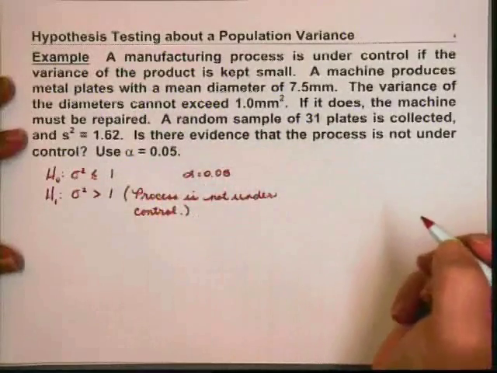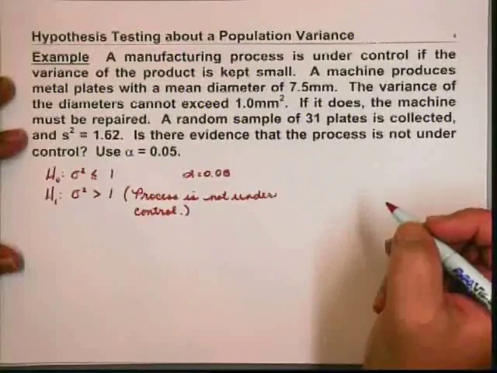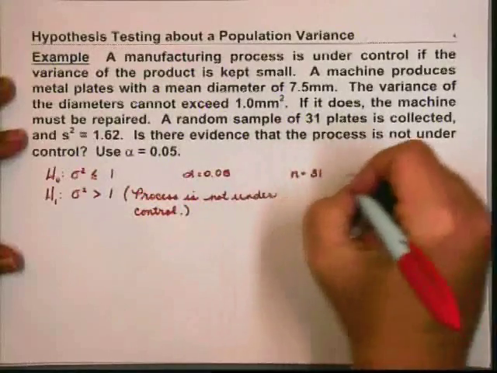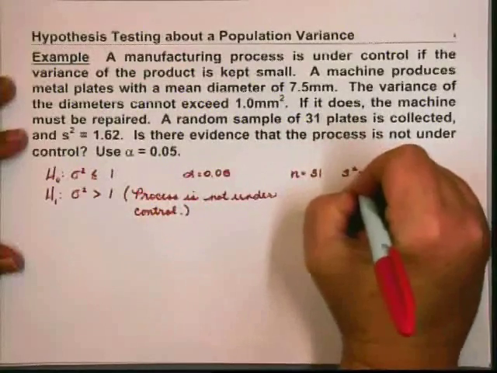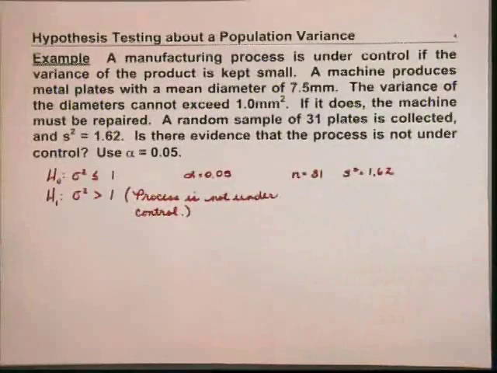What sample information do we have? Well, from the sample of size 31, we have that the sample variance is equal to 1.62. What is 7.5? We're given some other numbers here.